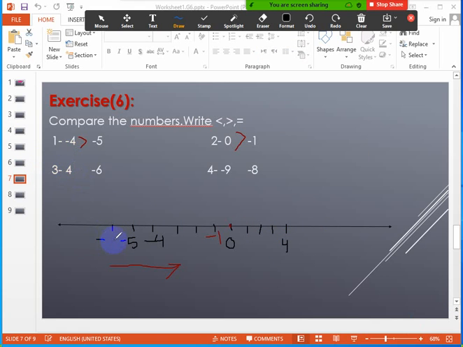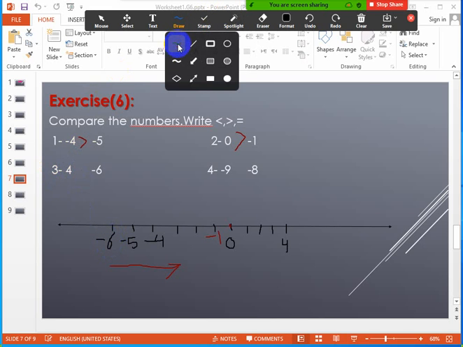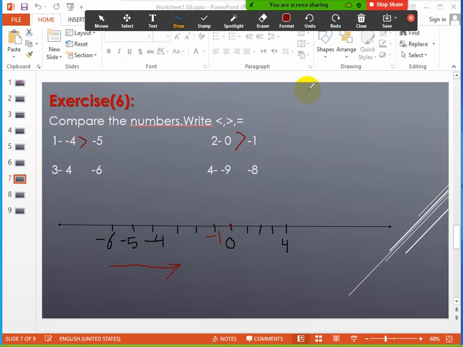This is 4, Manal. Okay, very good. 4 is greater than -6. Also, thank you, Manan. Also, when I want to compare between negative and positive number, of course, the positive number will be the greater, okay? Whatever the number it is, okay?